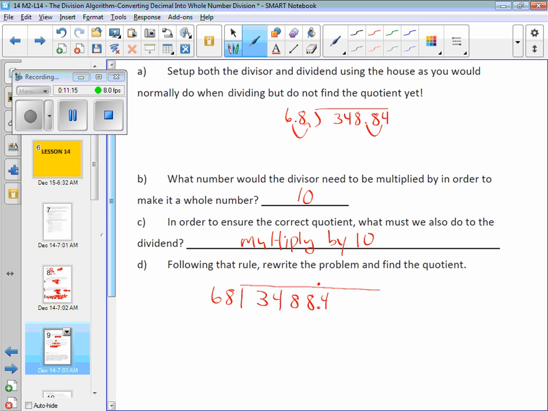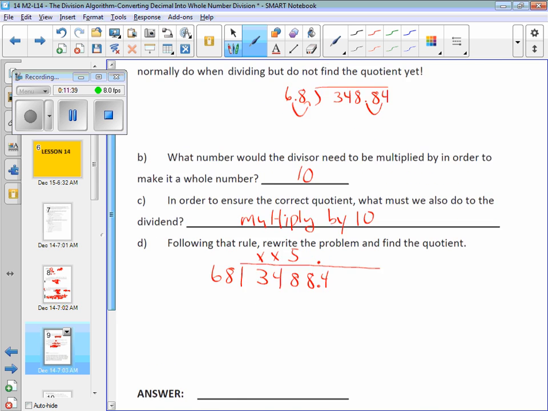All right, now comes the process. 68 can't go into 3. You can still make your little X's if you want. Can't go into 34. The first number it will go into is 348. I need to know how many times. Brianna. Yes, it goes 5 times. What did you get when you multiply it together?